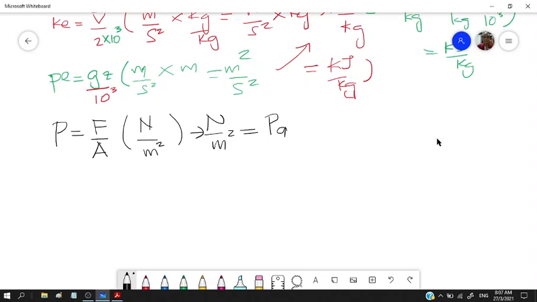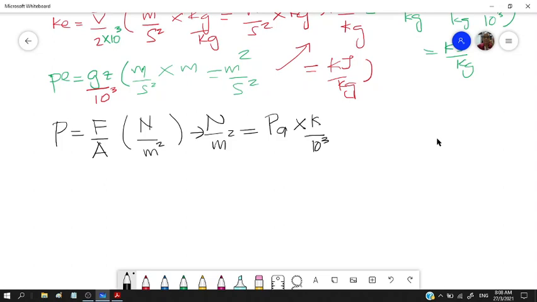If we want to convert from Pascal to another unit, we must have a conversion unit. For example, if you want to convert Pascal to kilopascal, then we have to multiply this by K over 1000.